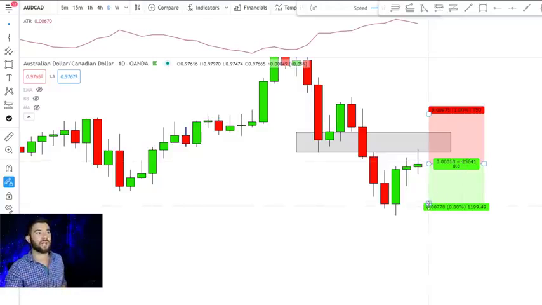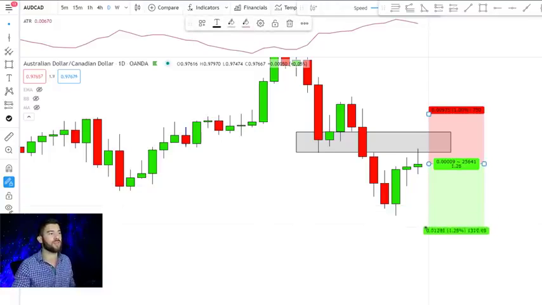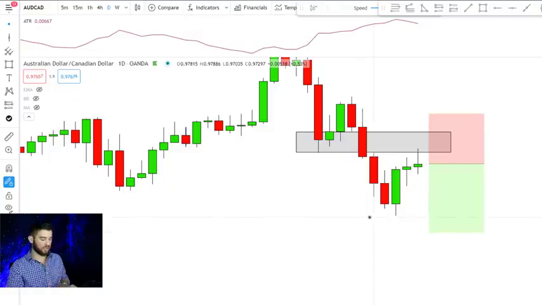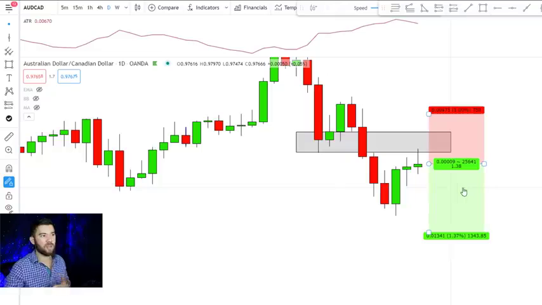Now, for targets, I may say I'm expecting the market to move 2 times the ATR indicator. So what's 2 times 67? 134. So now I can have a 134 pip target. And again, this would work better if there wasn't a level of structure in the way, but for the purpose of the ATR indicator, just go with it. And that sets me up with a 1.4 to 1 reward to risk ratio.